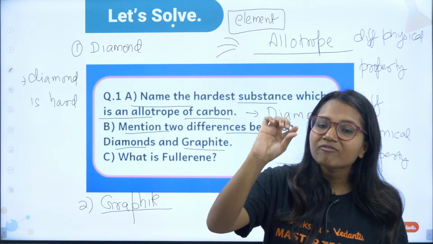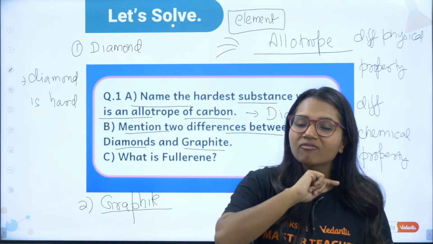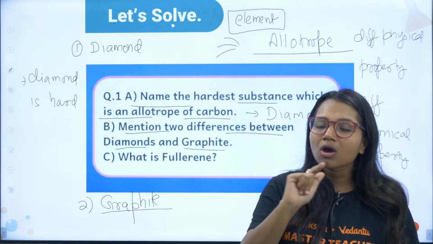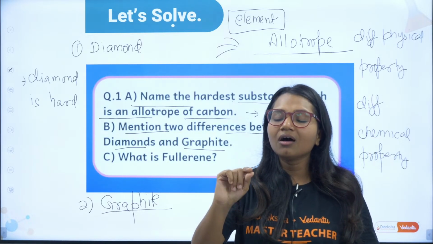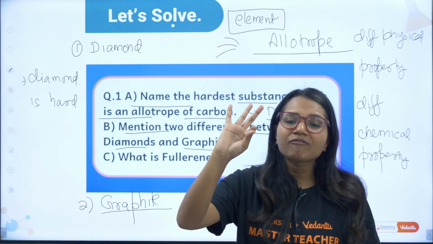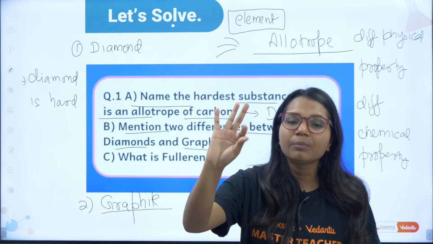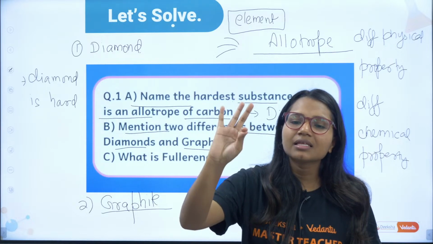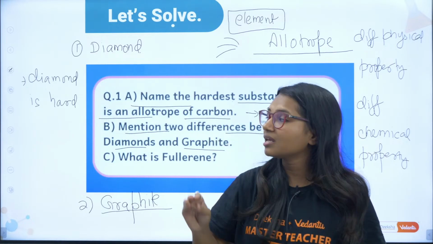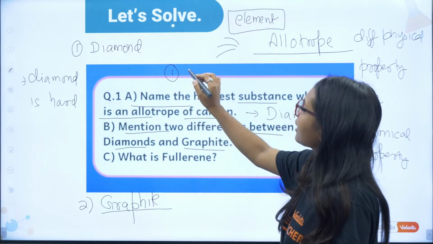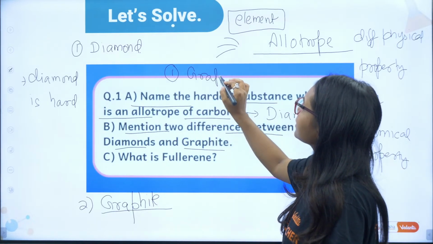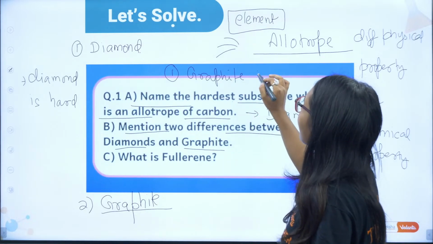Very good, Amruta. Diamond is four bonded, tetrahedral. Absolutely correct. So graphite is slippery in nature, it slips like this, but diamond is very hard. I am writing the graphite part here. Graphite is weak. What is the color of graphite?